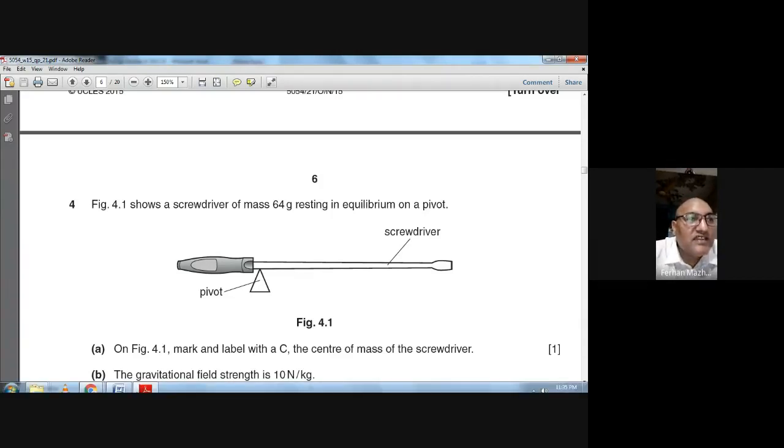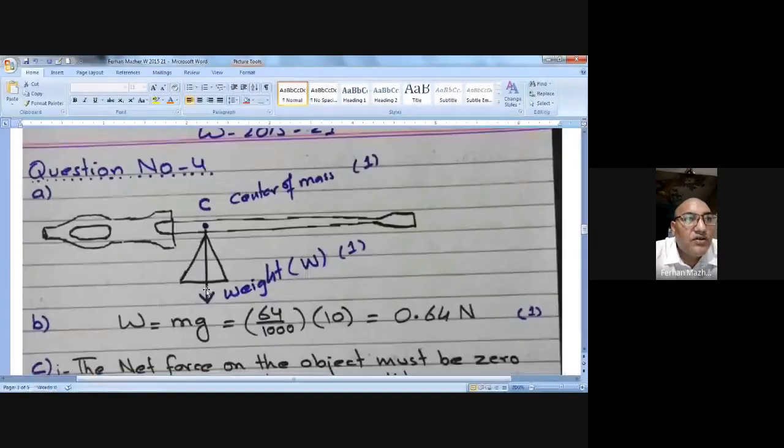I have done this on that figure. On your screen, you can see I have drawn an arrow from the center of mass, because the weight is acting there, and I have labeled it W, weight. It's a 1 mark question. I hope you understand.